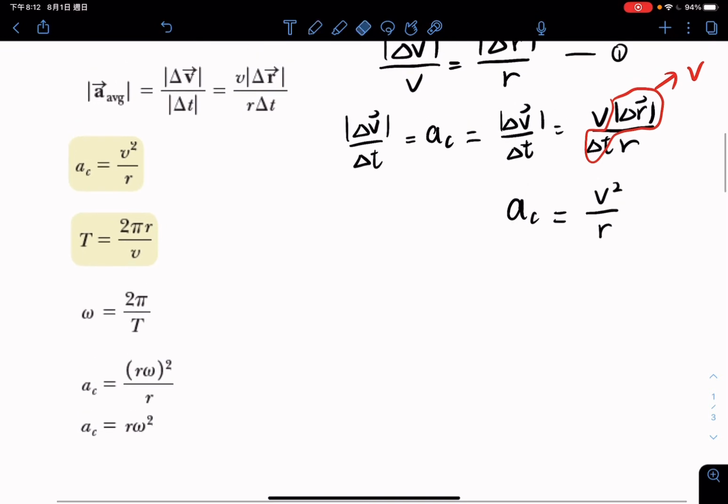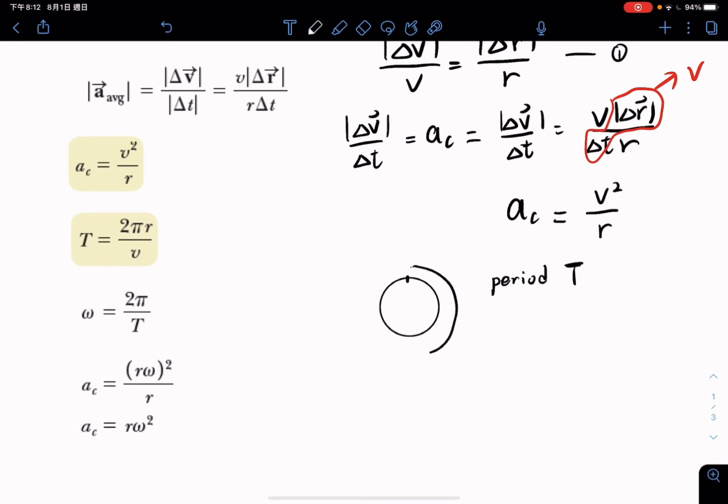Also, if we describe uniform circular motion in time, it's very convenient to describe it by the period T, which is the time the object needs to finish a circle.